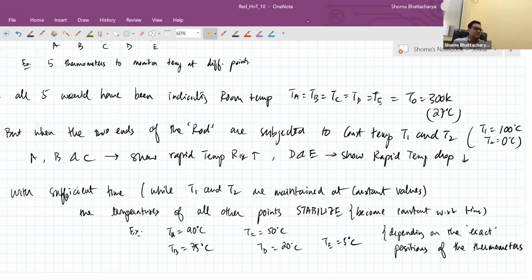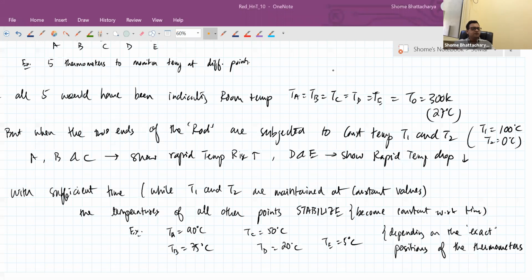The difference between steady state and the state of thermodynamic flux. So when the rod reaches this state where the temperatures at different points have stabilized to constant values, there's a difference between saying constant and uniform. It's not uniform because TA is not equal to TB, TB is not equal to TC.